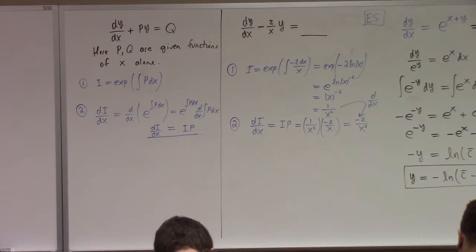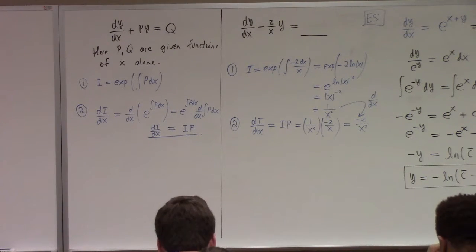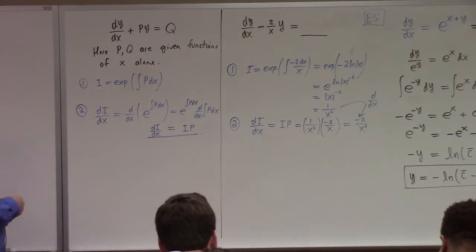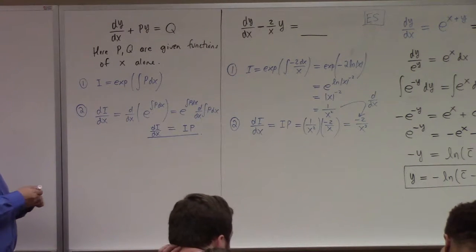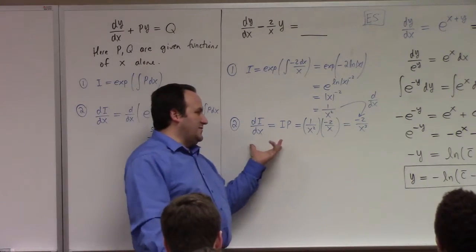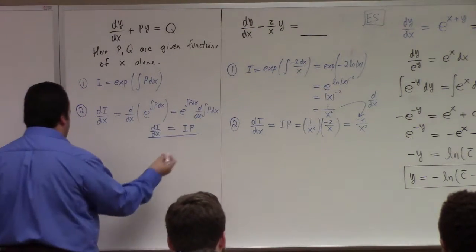All right, step number 3. And honestly, step number 2, you don't really do for problems. Technically, step number 2 is not really needed for the actual problems, but it is for the derivation.